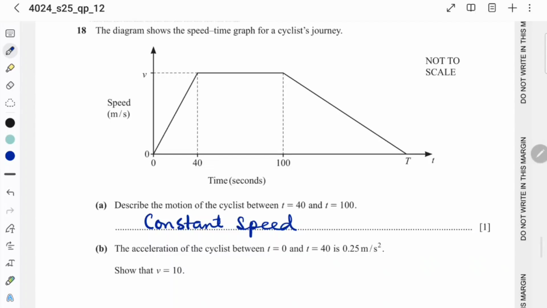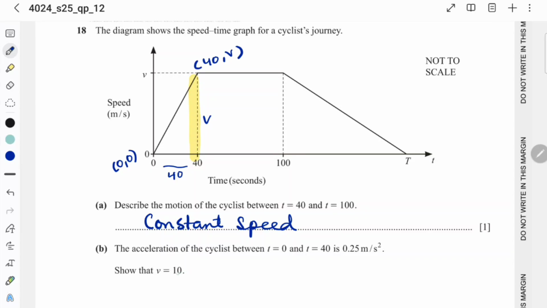Acceleration means rise over run. So from 0 to 40, the rise is v and the run is 40. If you don't understand, you can take the points (0, 0) and (40, v), and you get the same answer.